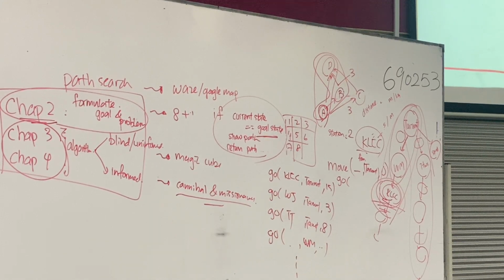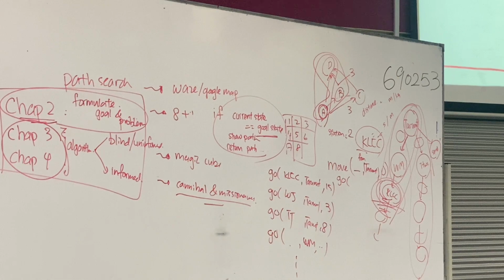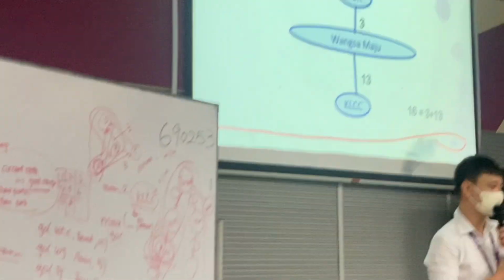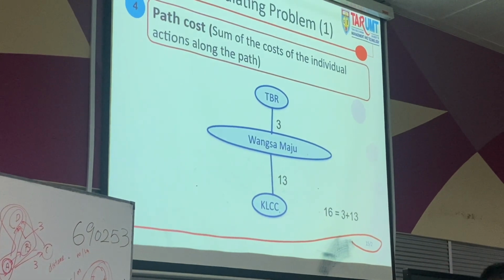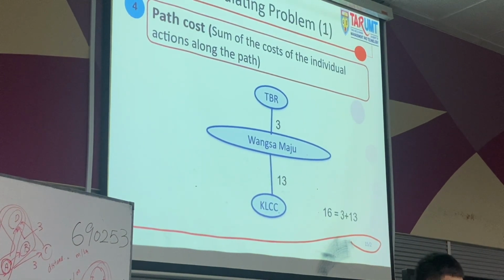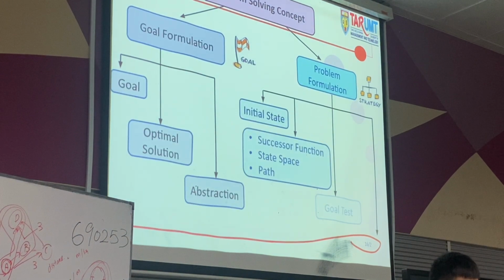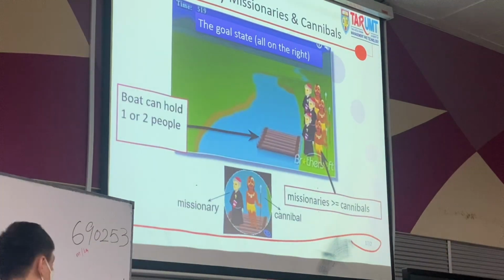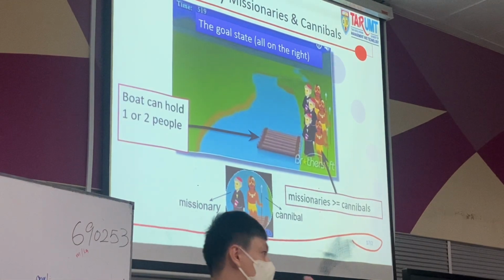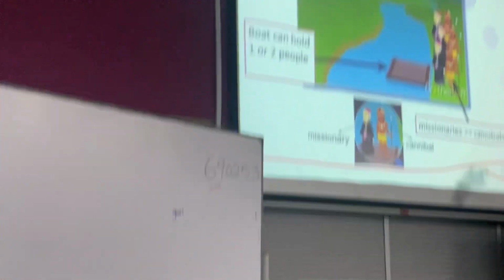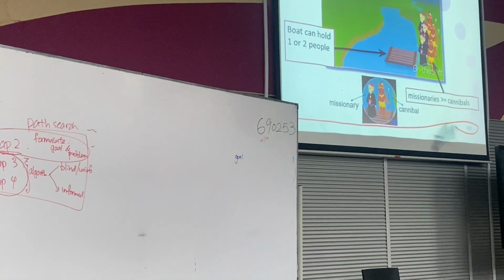Okay, so this is how we define the problem angle. It's not that difficult, but still a lot of students make a mistake here. So maybe we try another example here. Your goal is to travel to fetch these 3 cannibals and 3 missionaries from the left hand side to the right hand side.